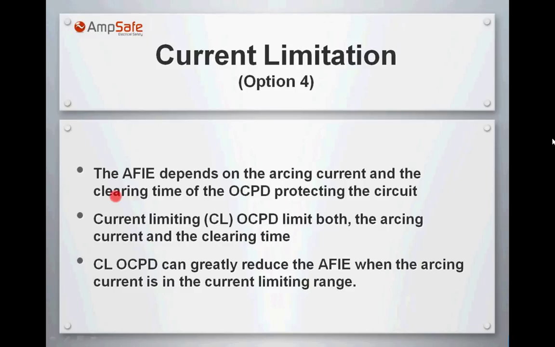So, if we have a current limiting overcurrent protection device that will limit the arcing current and the clearing time, we will have a lesser ArcFlash incident energy than with a non-current limiting device, fuse or breaker, okay?